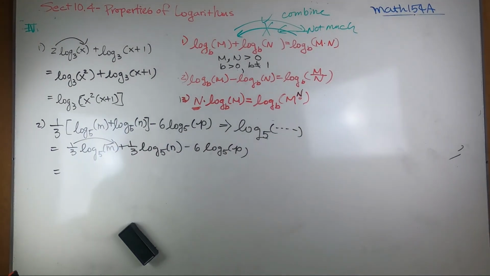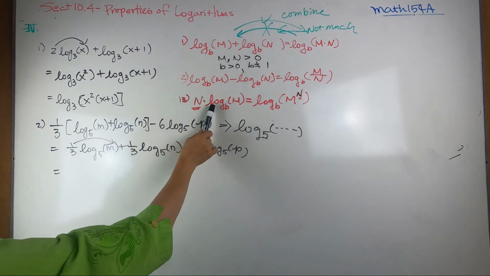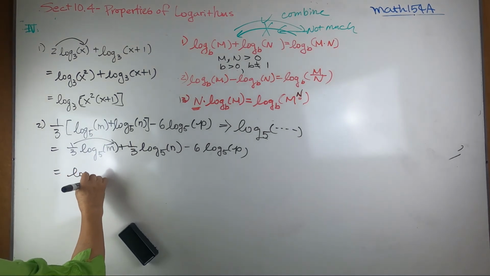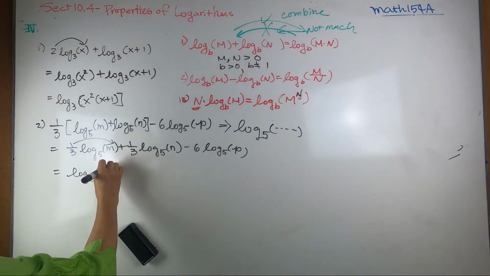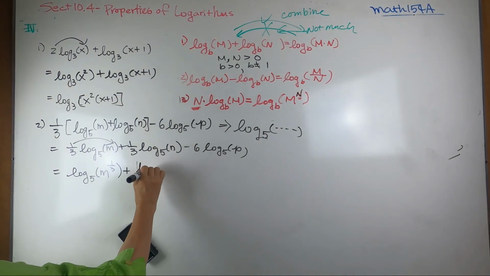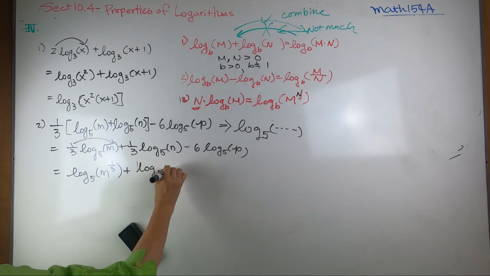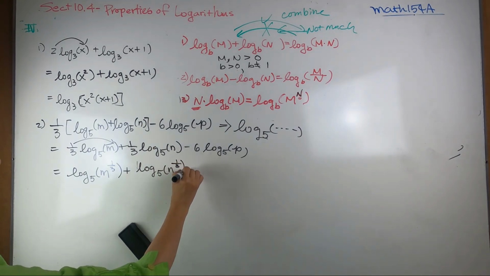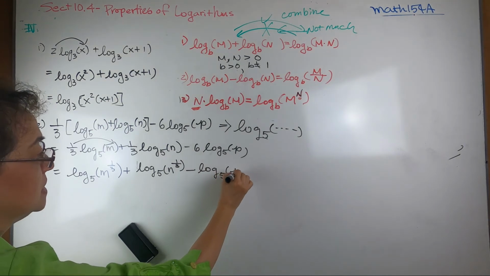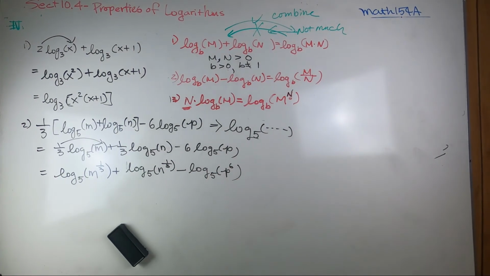We need to do the power property, move it as a power. So we will have log base 5 m to the 1/3 power plus log base 5 n to the 1/3 power minus log base 5 p to the 6th power.